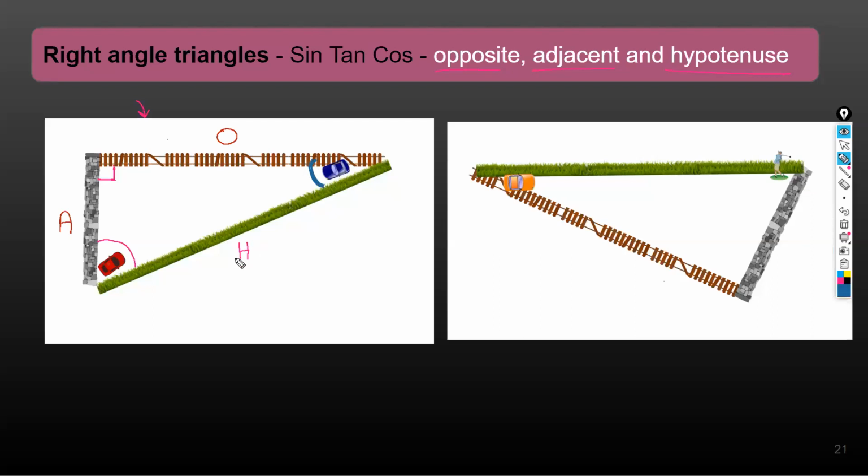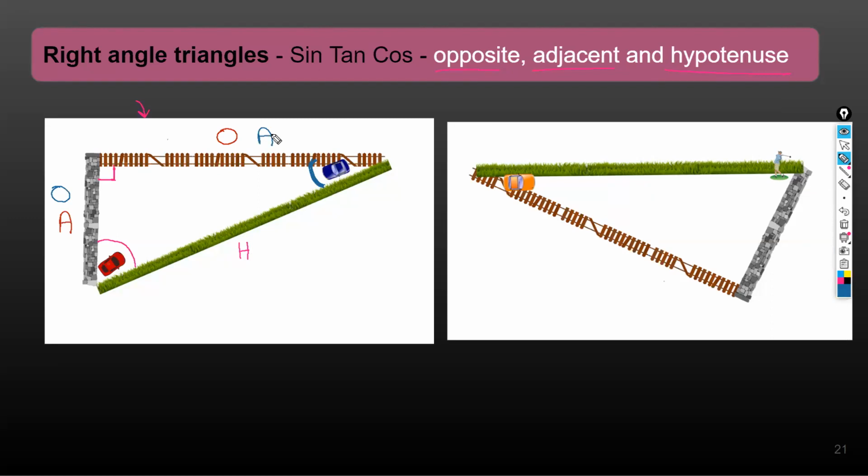Now, if you are standing by the blue car, everything changes up. The hypotenuse remains the same, but if you are standing by the blue car, who would be the opposite now? Opposite would be the brick wall. And of course, I know who the opposite is. The hypotenuse hasn't changed, but from the blue car point of view, from his reference point, the wooden fence is the adjacent.